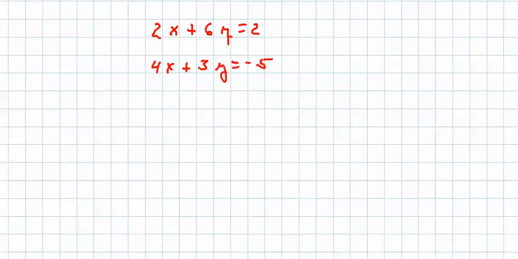Now, in the last example, I said to look for a coefficient of plus or minus 1. Well, there is none. I have a 2, a 6, a 4, and a 3.